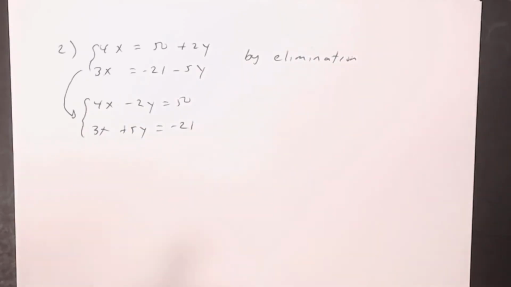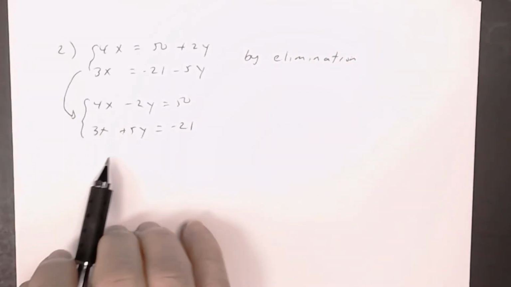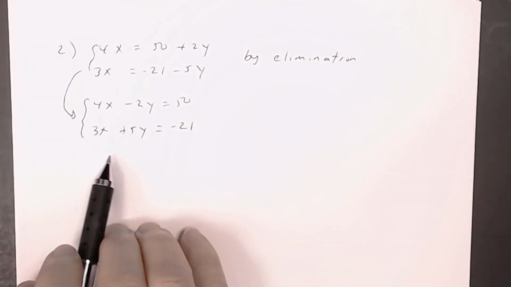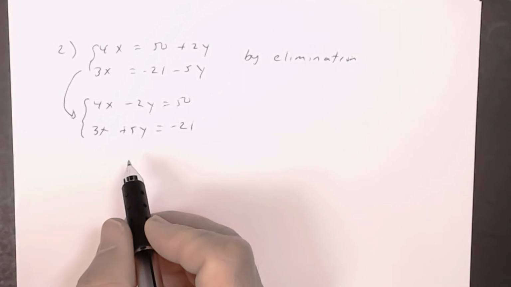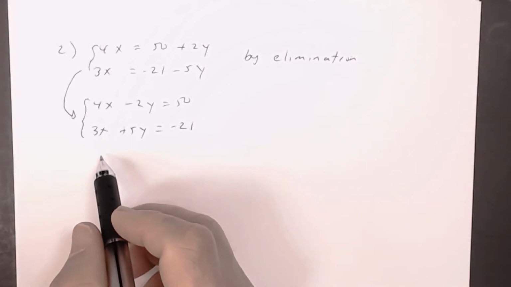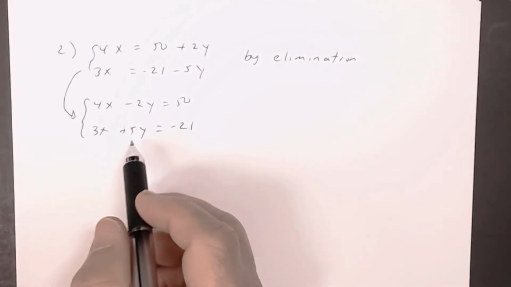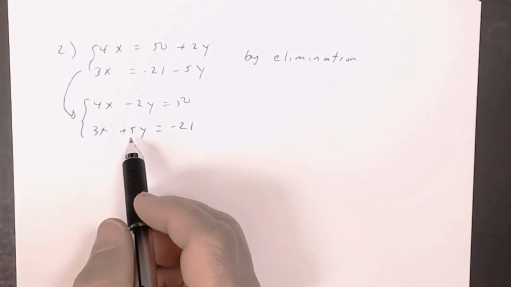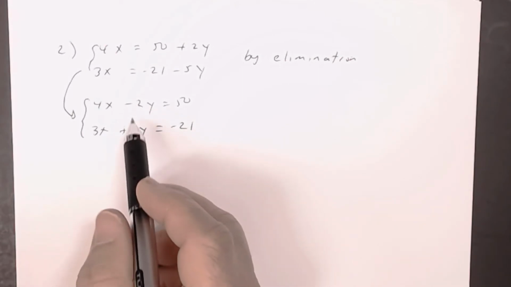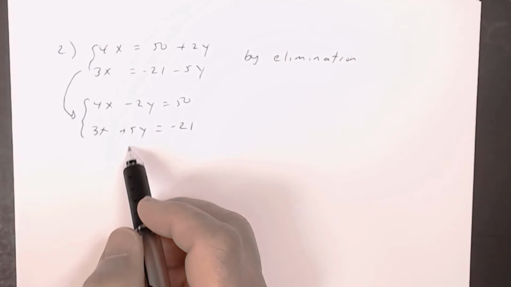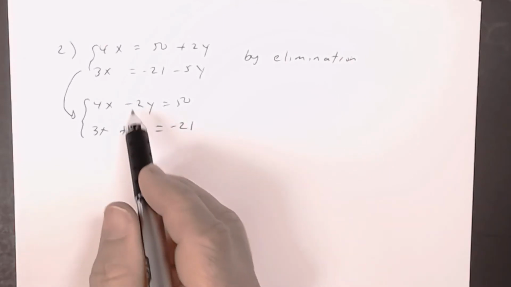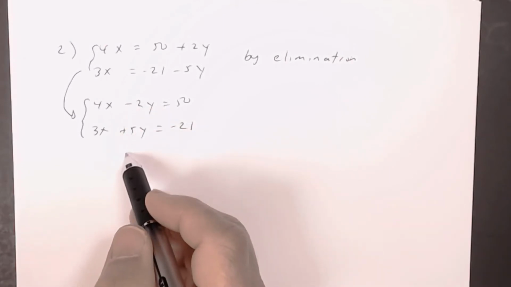Okay, so it doesn't matter which you eliminate. You can eliminate the x's or you can eliminate the y's, it does not matter. I'm going to eliminate the y's. Remember, when you eliminate the y's, at some point you're going to add those, and the terms in y would have to add to be 0.